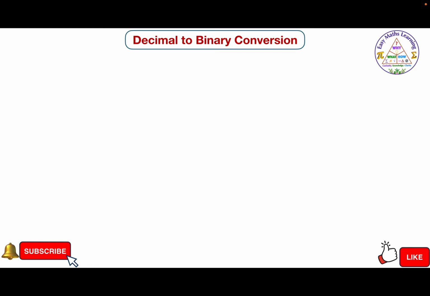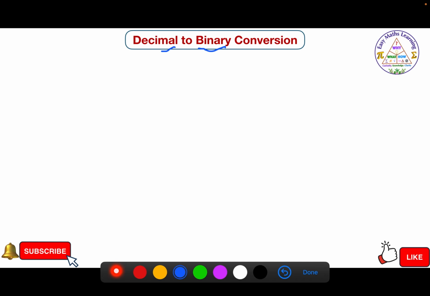Now we will learn how to convert a decimal number into binary number. So example is, convert the decimal number 10.625 with base 10 to a binary number with digits 0 and 1 only with base 2.